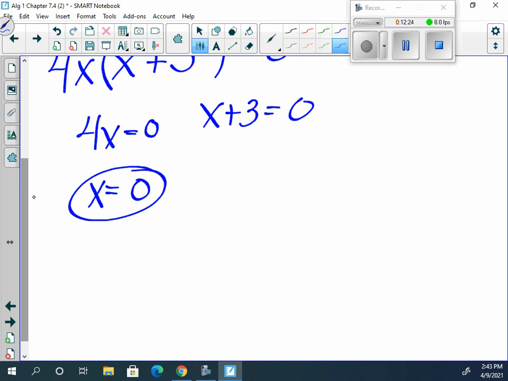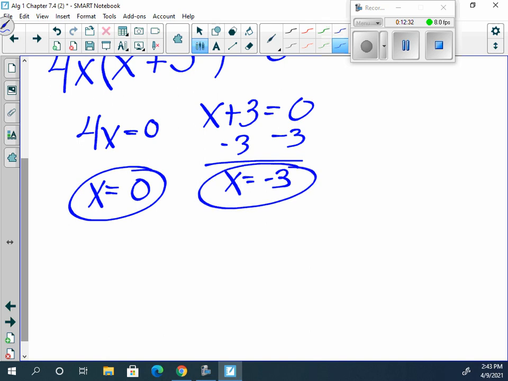How about this here? We subtract 3. We get x is equal to negative 3. Any questions on this here? Any questions on anything we've done so far? Are you ready for the next one?